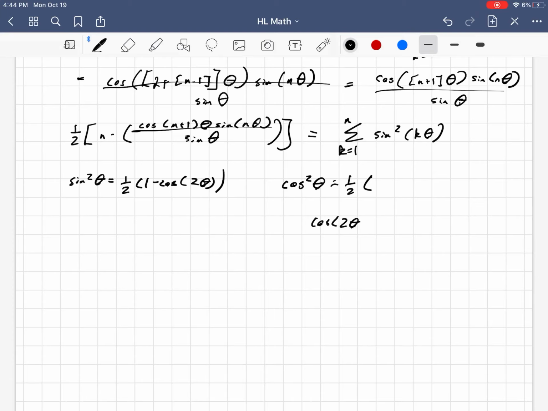Cosine 2 theta is cosine squared theta minus sine squared theta. And then sine squared theta is the same thing as 1 minus cosine squared theta. So we get 2 cosine squared theta minus 1. Yeah, so it's going to give you 1 plus cosine 2 theta instead. So that minus sign just changes to a plus.